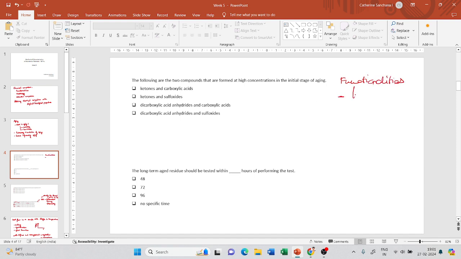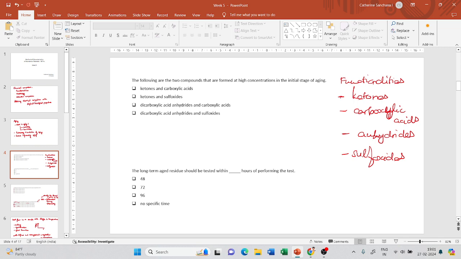On aging, it is ketones, carboxylic acid, anhydrides and sulfoxides.